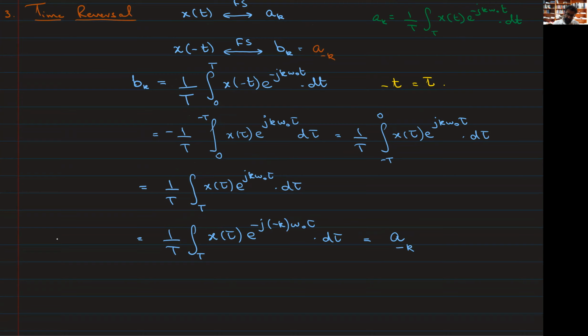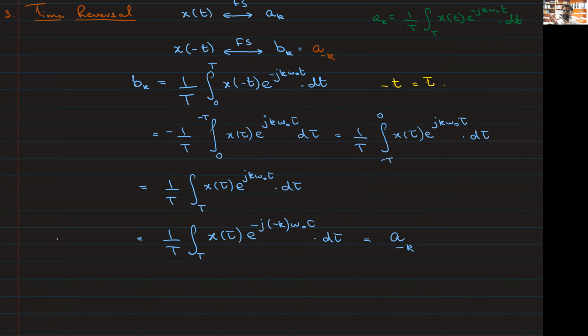So what does it mean when I say that b_k equals a of minus k? That means that the Fourier series coefficients are just flipped. If you flip the time domain signal around the y-axis, the Fourier series coefficients are flipped as well, around 0.